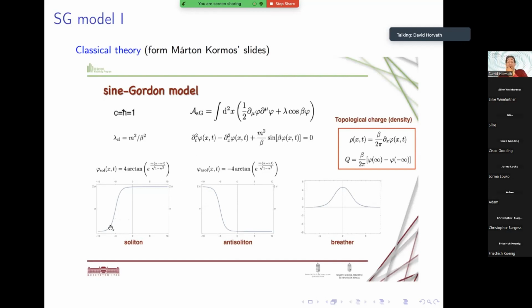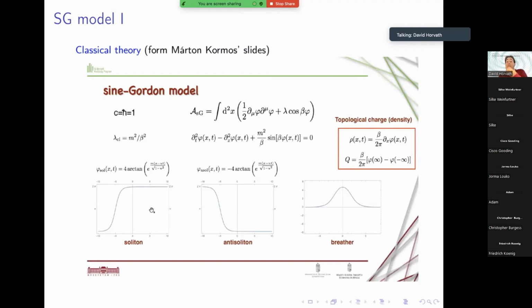You can have solutions like this soliton solution, which is a so-called topological excitation. You can observe that this solution is such that it interpolates between two neighboring vacua of the cosine potential, and you can have an anti-soliton which does the same thing, just in the other direction.